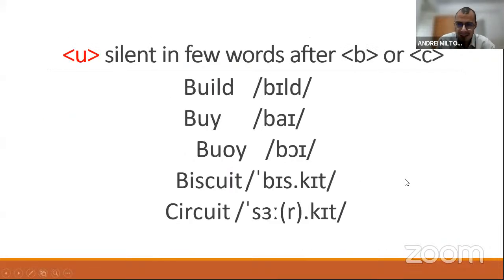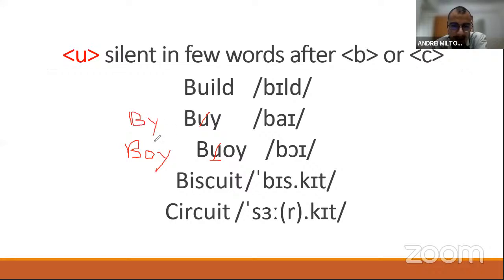Now, next one. This is really rare, and only in these five words you will find this silent U. The silent U comes only after B or after C, and for a few of them, it helps you to distinguish them from other words. For example, if you have guy here, what if you take out this U? It becomes another word, buy. And if you take this U here, it becomes by.